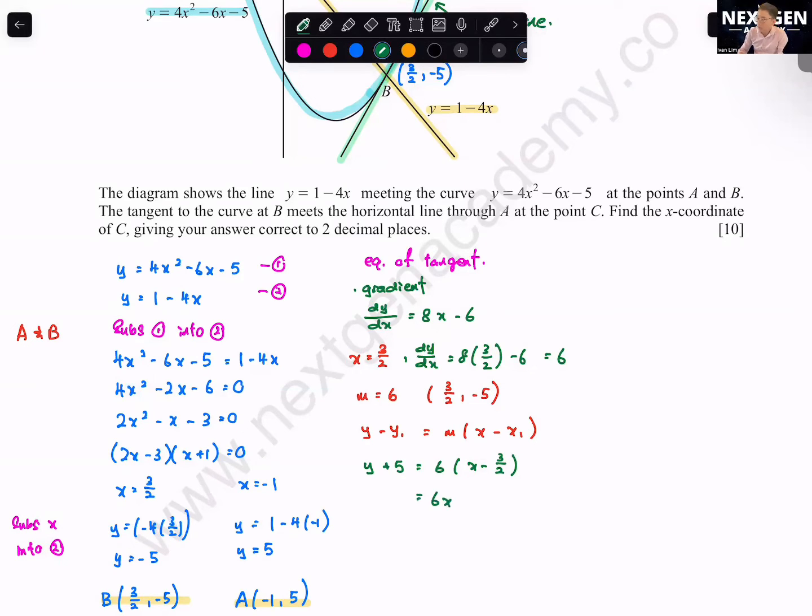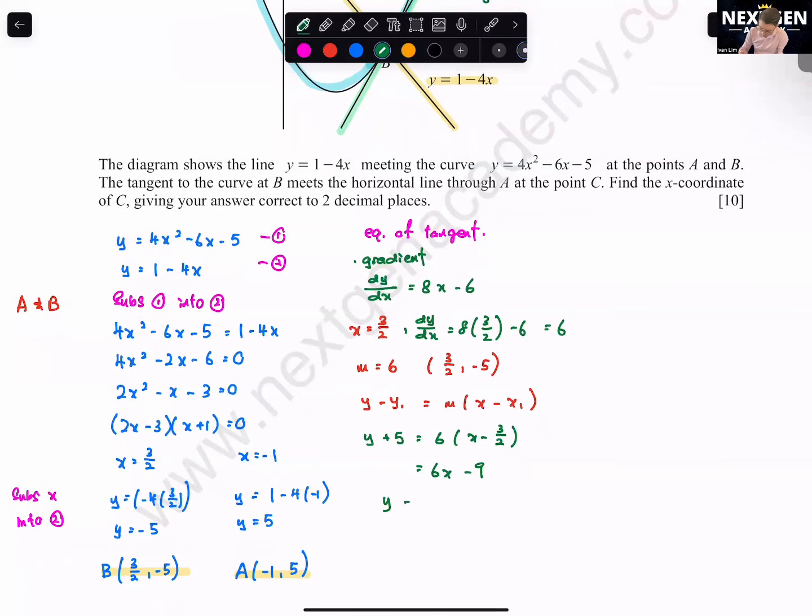You get here 6x minus 9. And your equation of the tangent is y equals 6x minus 14. This is your green line.